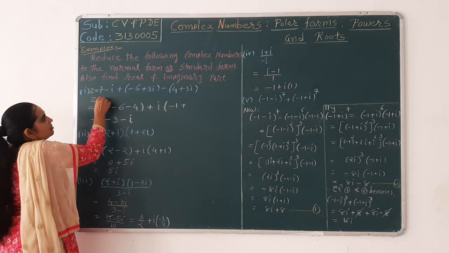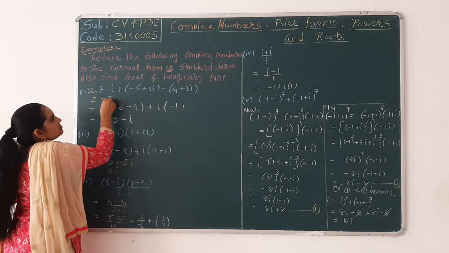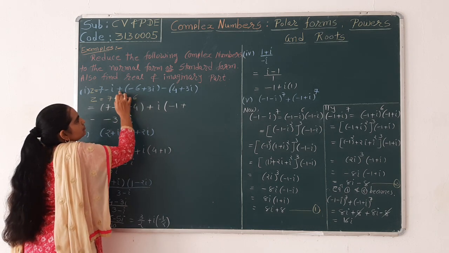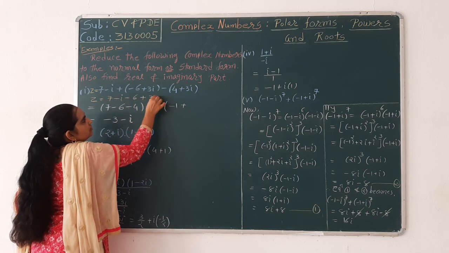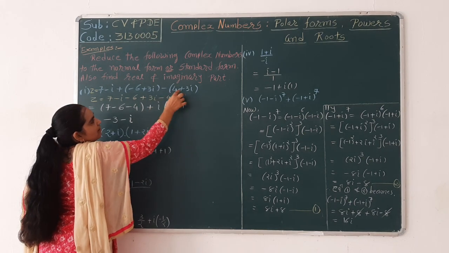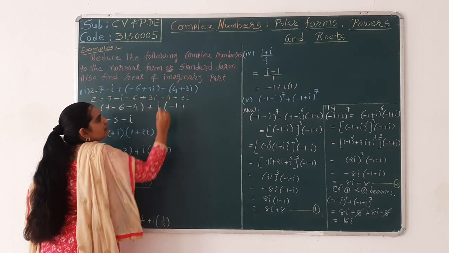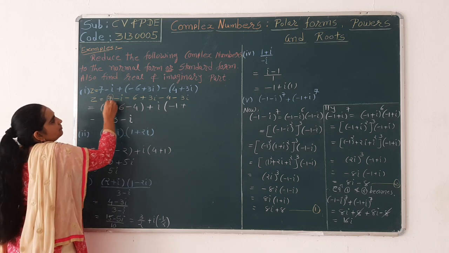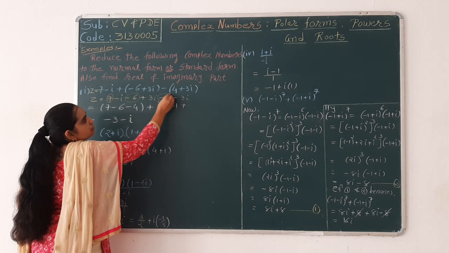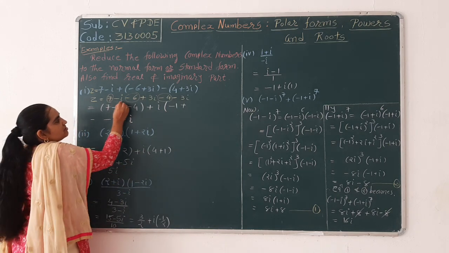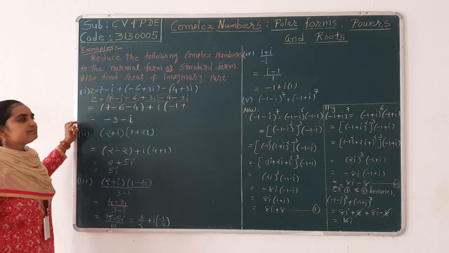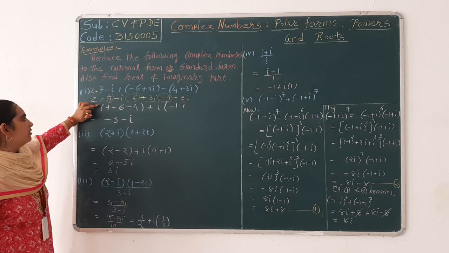Now first remove the brackets. 7 minus I plus minus 6 plus 3I minus 4 minus 3I. Here the real part is 7 minus 6 minus 4, and minus I plus 3I minus 3I is the imaginary part.